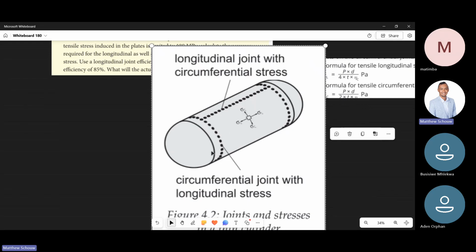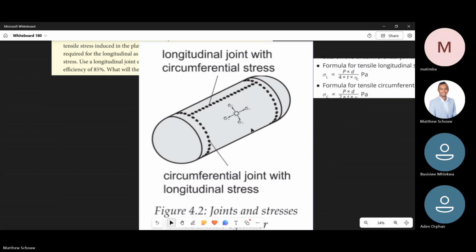There is a third one through the walls, but these two are the important ones. Are we all on the same page with this, understanding there are two stresses present in the thin wall pressure vessel? Yes, sir. Okay.